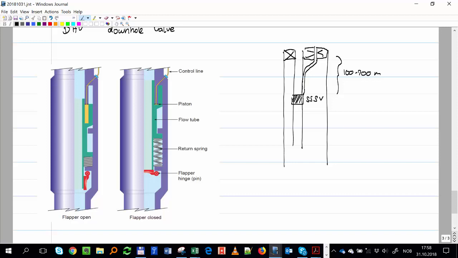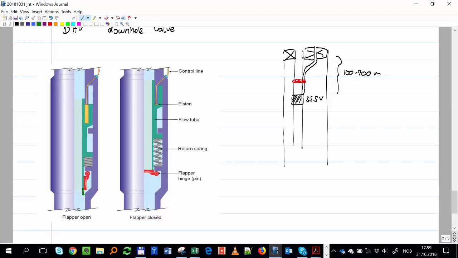It's just a small line, I think a quarter of an inch metal, that sticks to the tubing. It usually has a strap to fix it on the outer part of the tubing, and that is what gives the pressure and keeps this spring compressed, and by keeping it compressed you're covering that flapper.